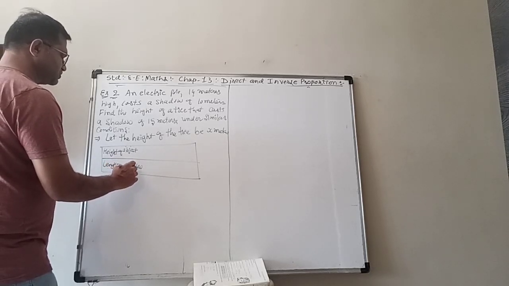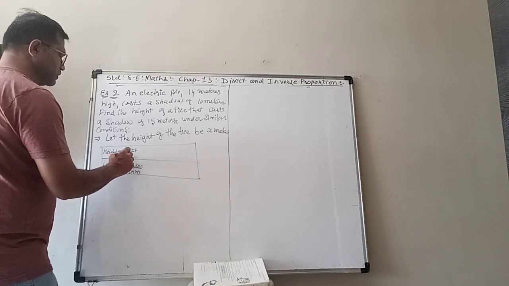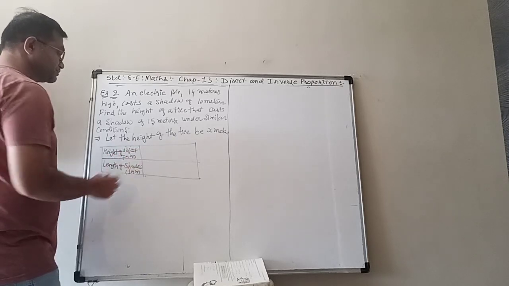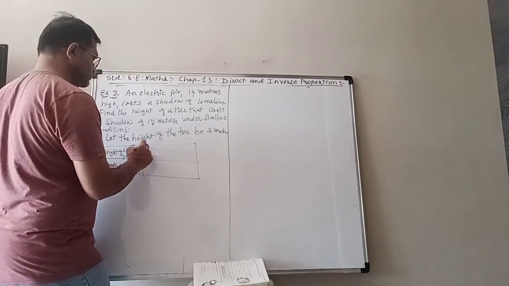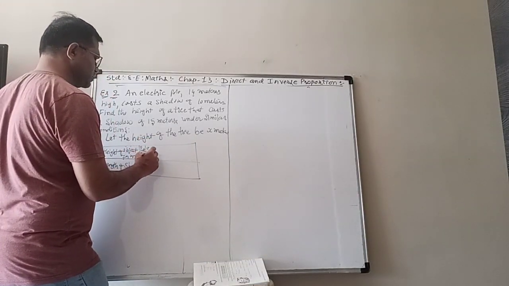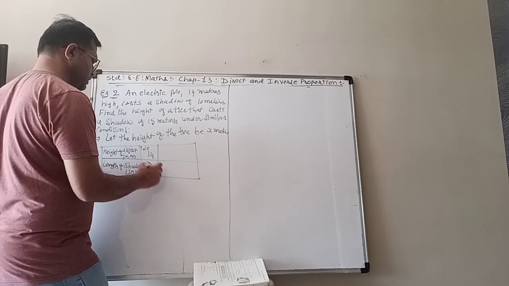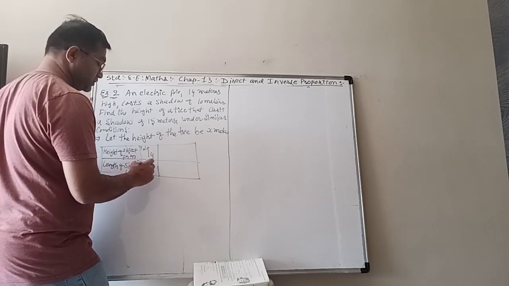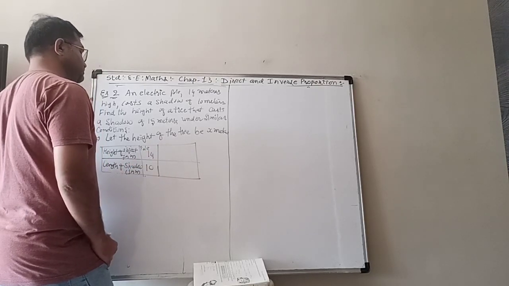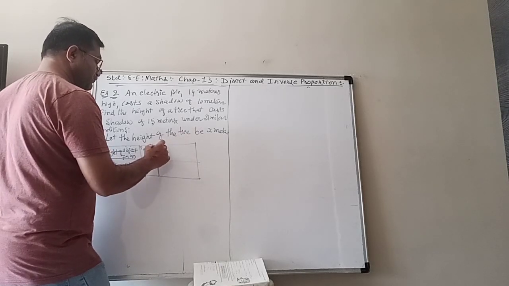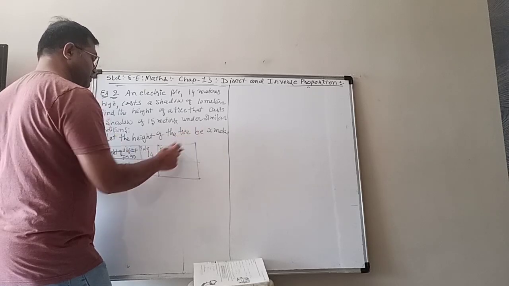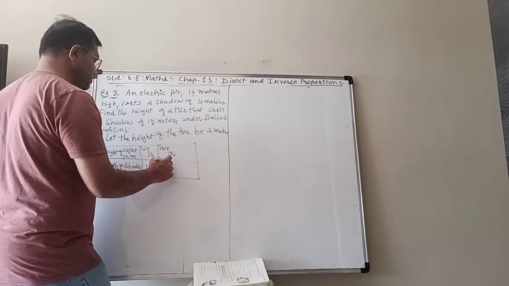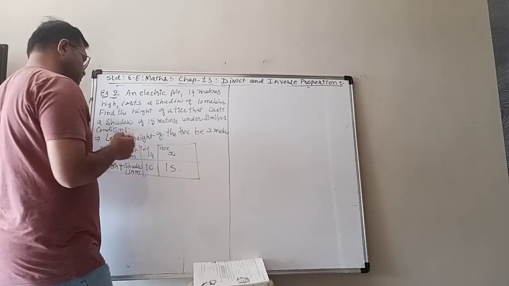Both are in meters. First it was given for the pole 14 meters and its shadow is 10 meters. And for the tree we have to find the height, but the shadow is given as 15 meters.